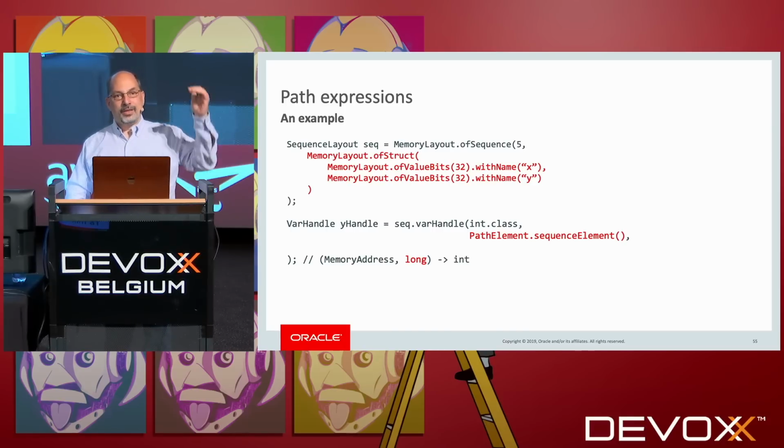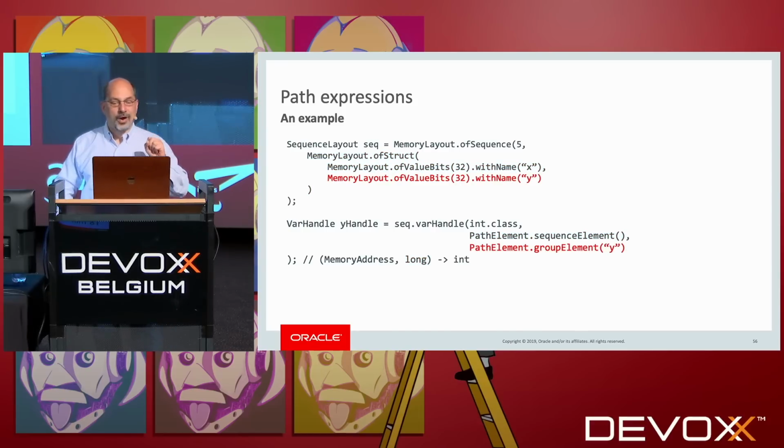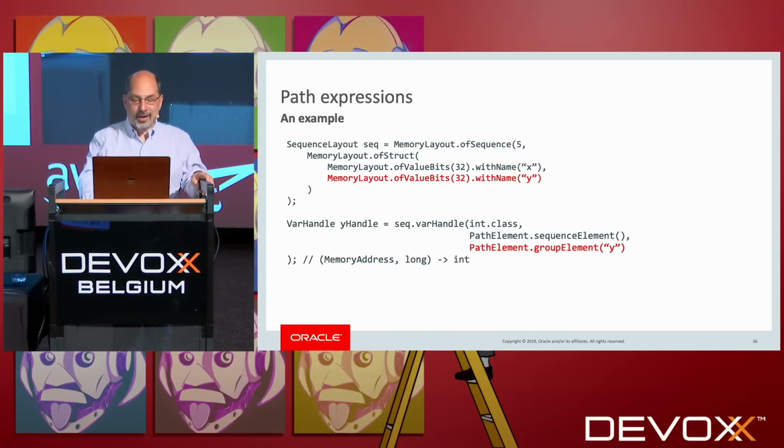So the first element I'm diving into is a sequence, and I'm going to have to give you an index into that. Then the next element I want is a field of a struct, the one whose name is y. This gives me a var handle that takes as its coordinates a memory address for the base and an index, and it reads or writes the corresponding y value.